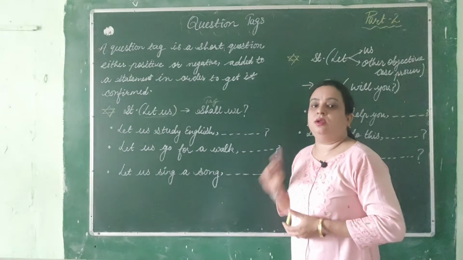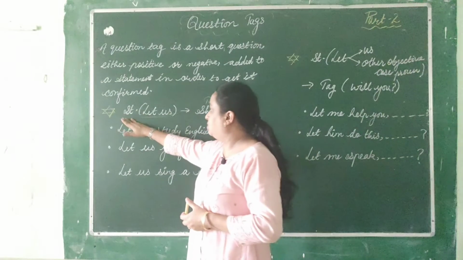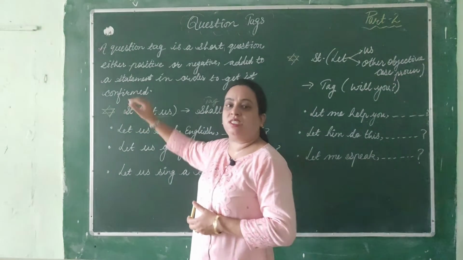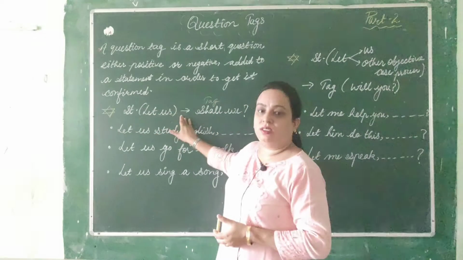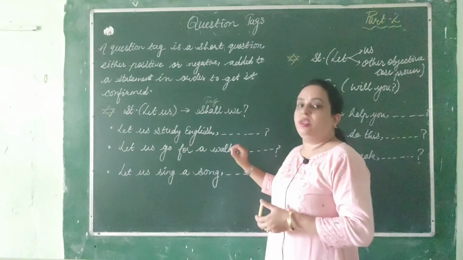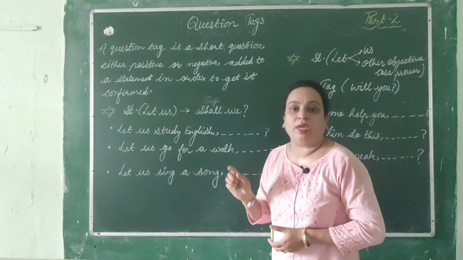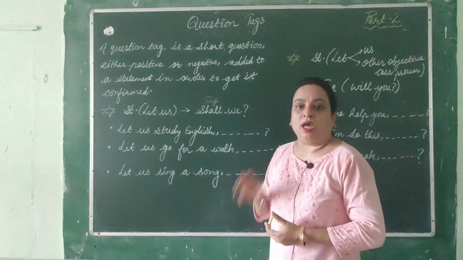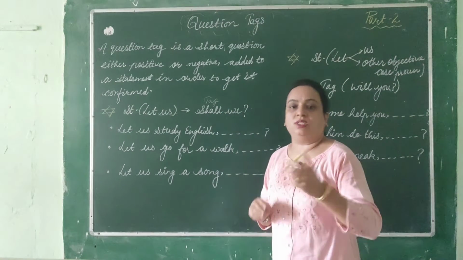Please listen carefully: if the statement given to you is starting with "let us", then in every case the tag question will be "shall we", and this is the fixed rule. You cannot add anything from your own side.